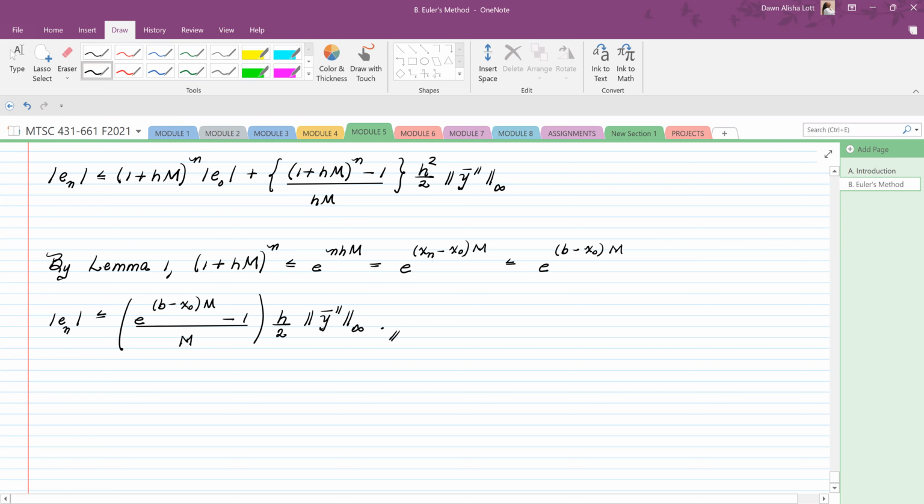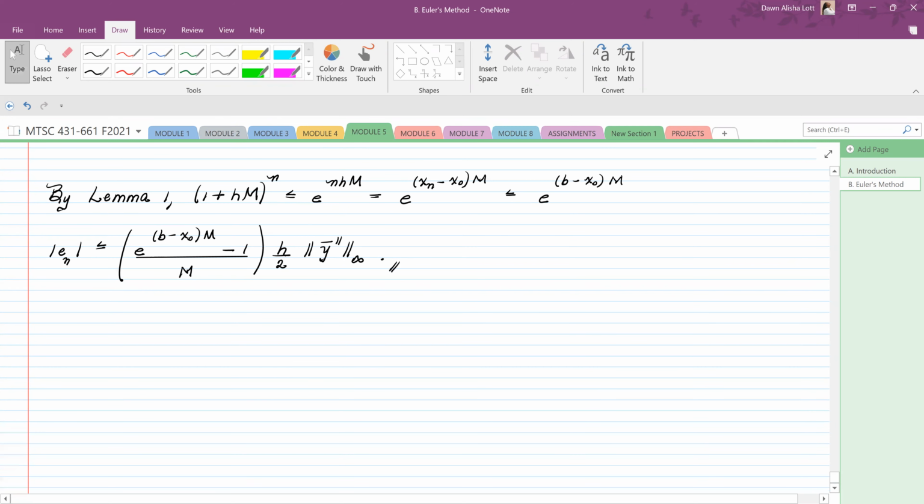So what does that mean? It basically says if you decrease the step size by a half, then your error should decrease by at least 1/2.